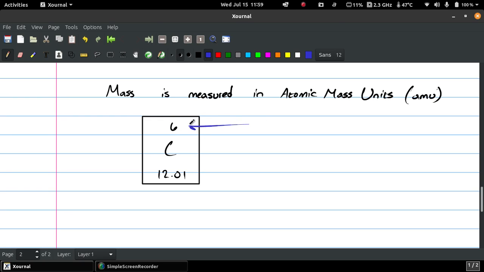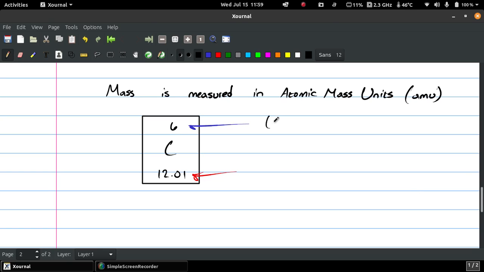So, up top, we have the atomic number, which, if you think about it, is protons. Here is our element symbol.